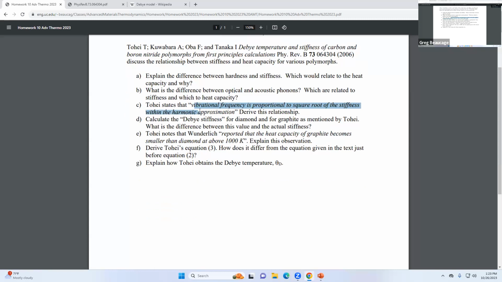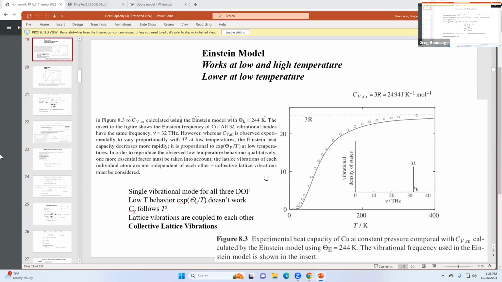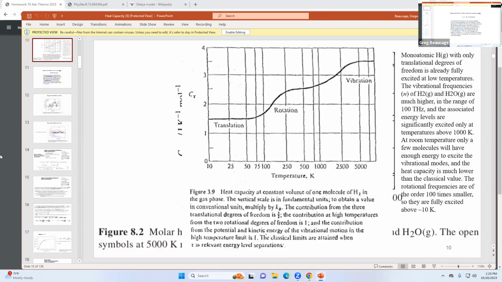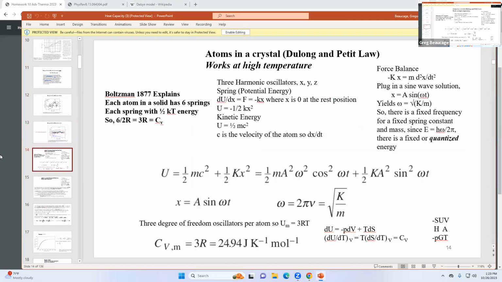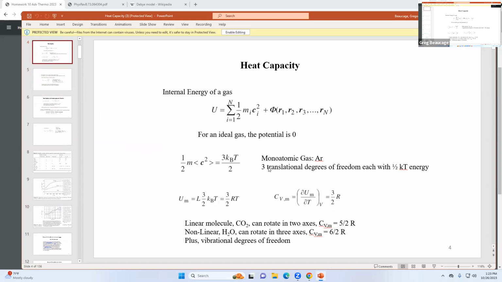Then vibrational frequency is proportional to the square root of stiffness and harmonics. So this thing we derived in class, right? It's just the harmonic oscillator thing, wherever that is in the notes. I mean, that's the equation here. That came from back here somewhere.